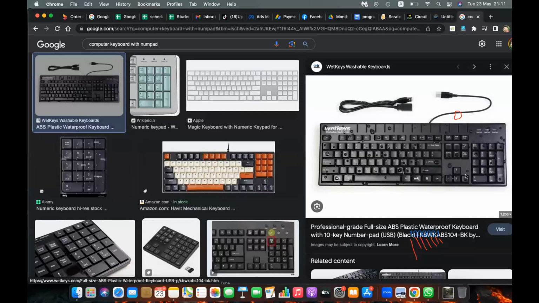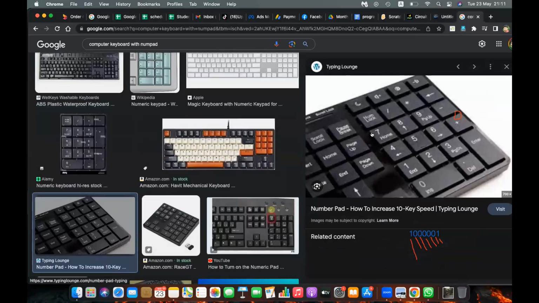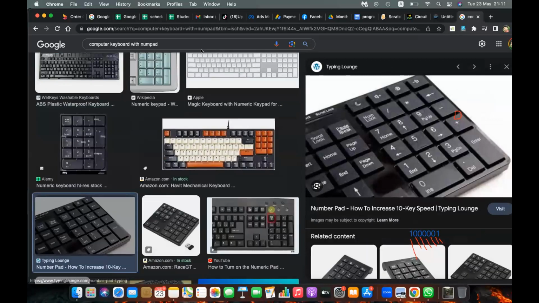This is the numpad. Some laptops have this numpad. If you have a numpad in your keyboard you can try this: press alt and 65 from the numpad.